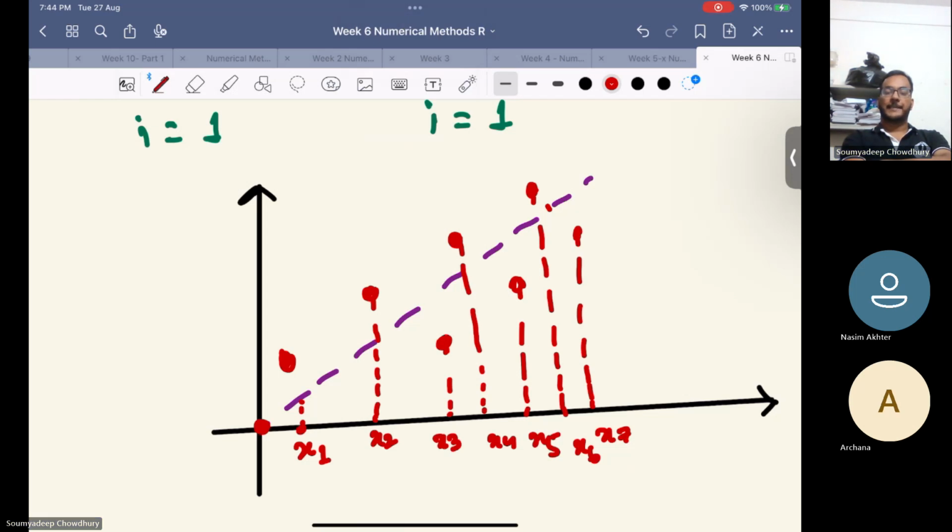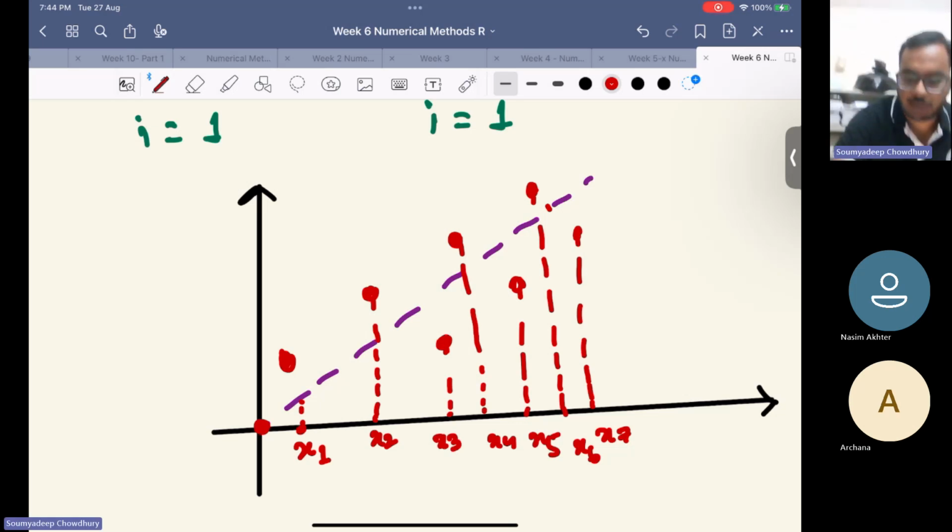Archana? Okay, she is not there. Nasim, can you tell me at x1, is the error positive or negative? I think it is 0. At x1, not the first point, not the origin point, the next point I'm talking about. I think it's positive.